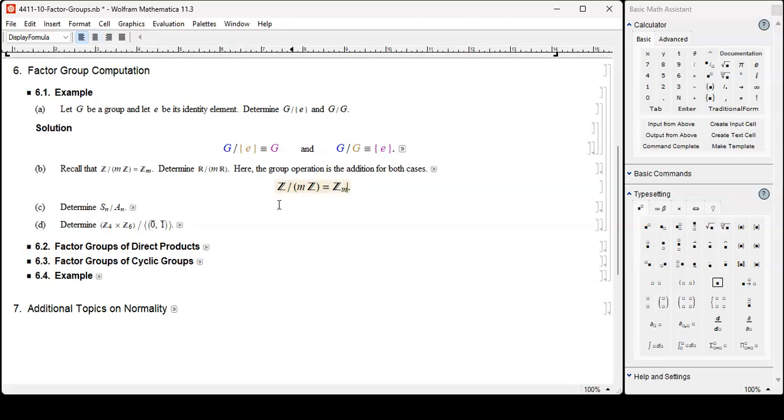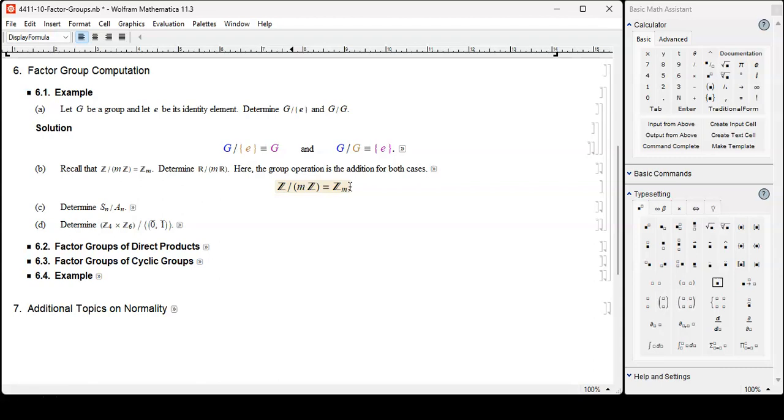Z is an abelian group, so every subgroup is normal, so you can consider factor group with respect to any subgroup. But then again, every subgroup is of this mZ form because Z is cyclic. Remember that?